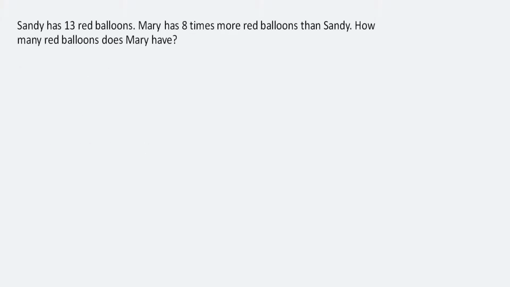Now, let's look at some examples. So Sandy has 13 red balloons. Mary has 8 times more red balloons than Sandy. How many red balloons does Mary have? So what do we know? Let's start taking note of what we know.